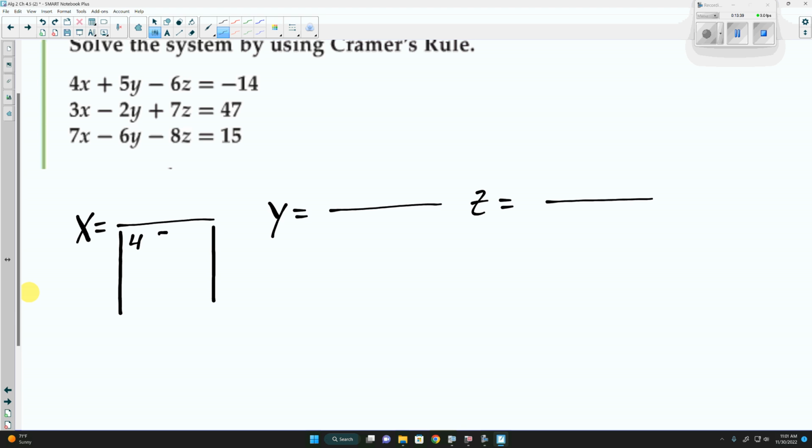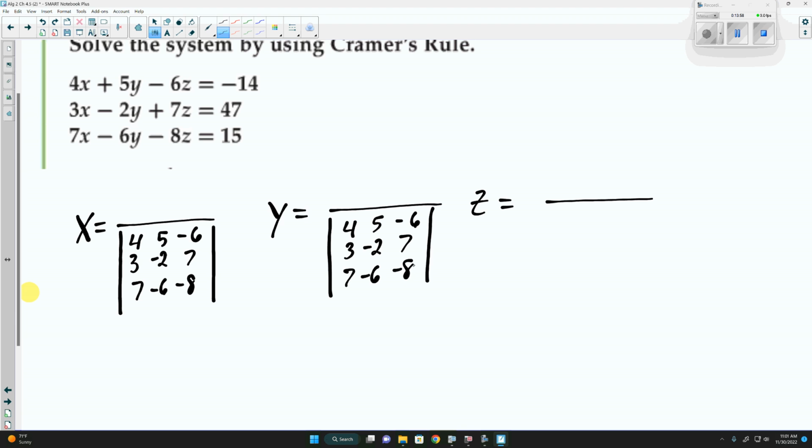It's just going to be the coefficients of our variables. Because the denominator is just like with the first one. It's just going to be the determinant of the numbers in front of the variables, our matrices.